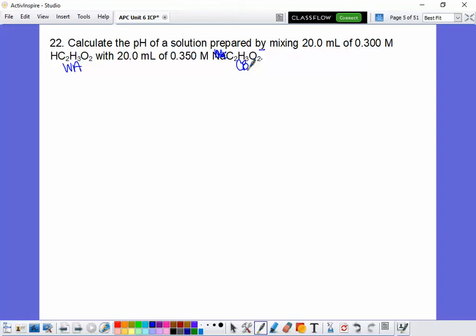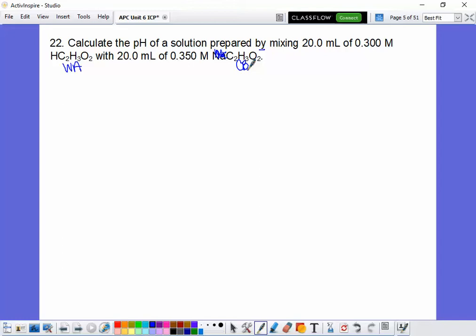Now, what do you notice that's different about this problem? Yeah, we're told the exact volumes that we're adding. Whenever you're mixing two solutions together, what happens to the concentrations of them? They get diluted. Our acid and base are going to be diluted here.